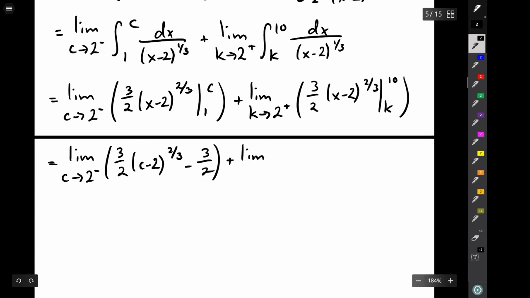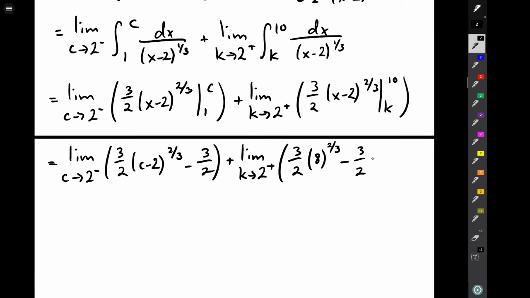Plus the limit as k goes to 2 from the right of 3 halves, oh sorry, this will be 10 first. So this is 8 to the 2/3, so I'll just write it like that. Minus 3 halves. Oops, why did I write 4? Oh, because 8 to the 2/3 is 4. That's why I wrote it. This will be (k minus 2) to the 2/3.